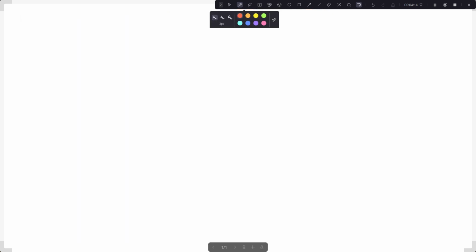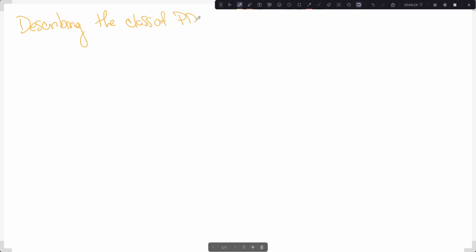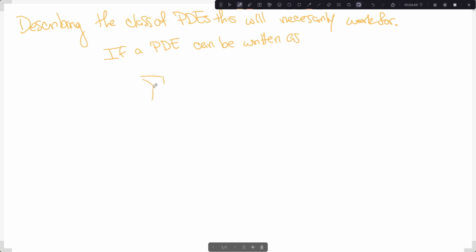So let's describe the class of PDEs this will necessarily work for. We can describe the class as the following. If a PDE can be written as a sum, so this is jumping back to your summation notation that I know not very many of you liked a lot, but that's okay.